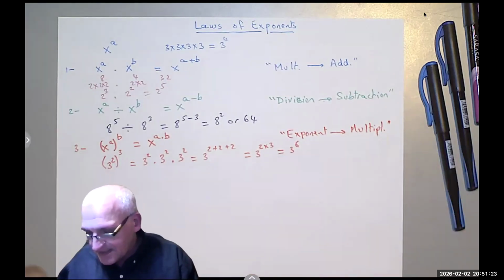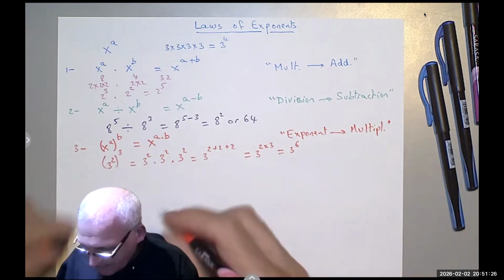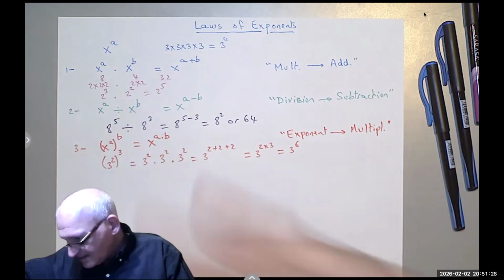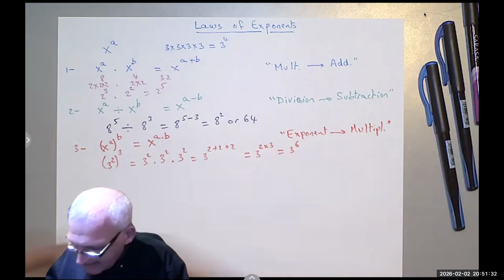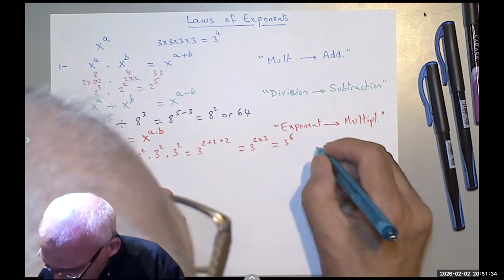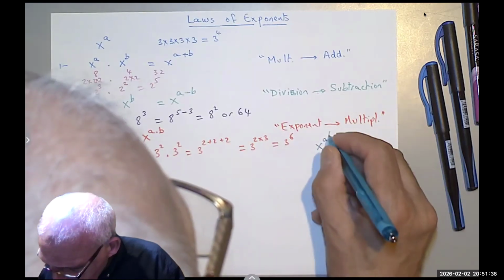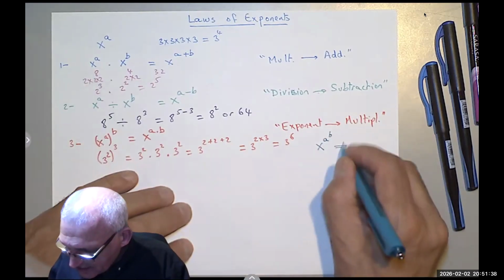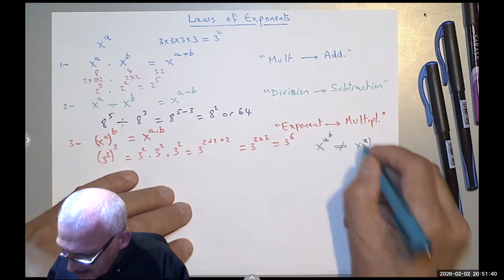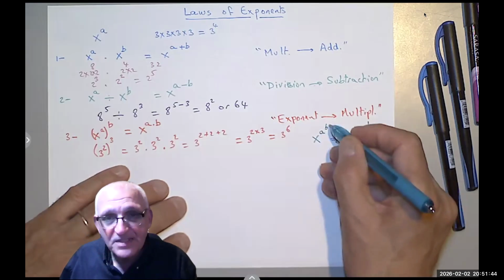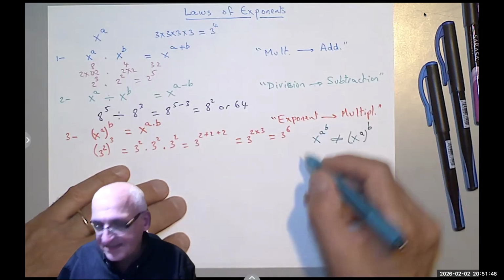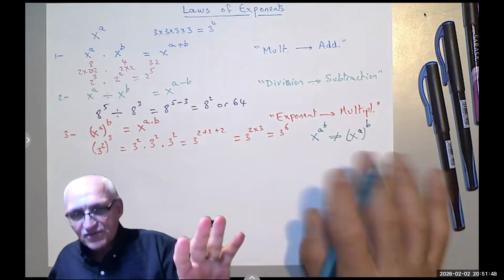Notice, please remember, if you see something written like x to the a to the b, that doesn't equal x to the a raised to the power of b. Here we raise a to the b first and then take x. So don't confuse yourself.